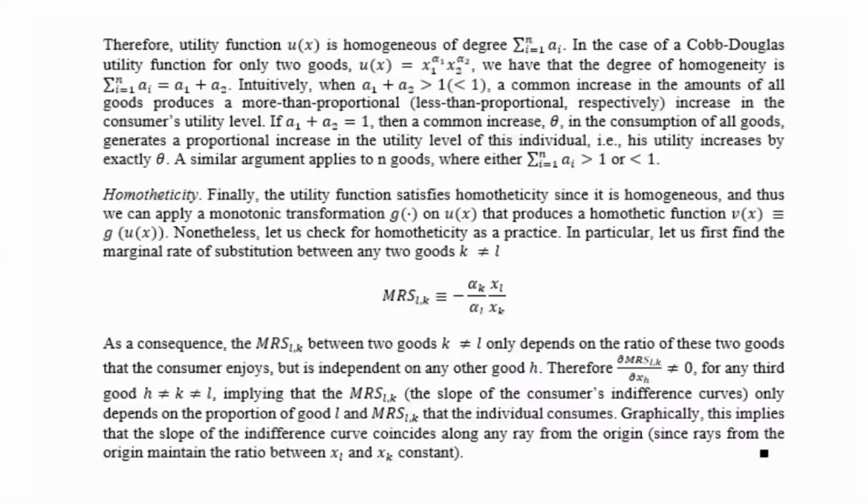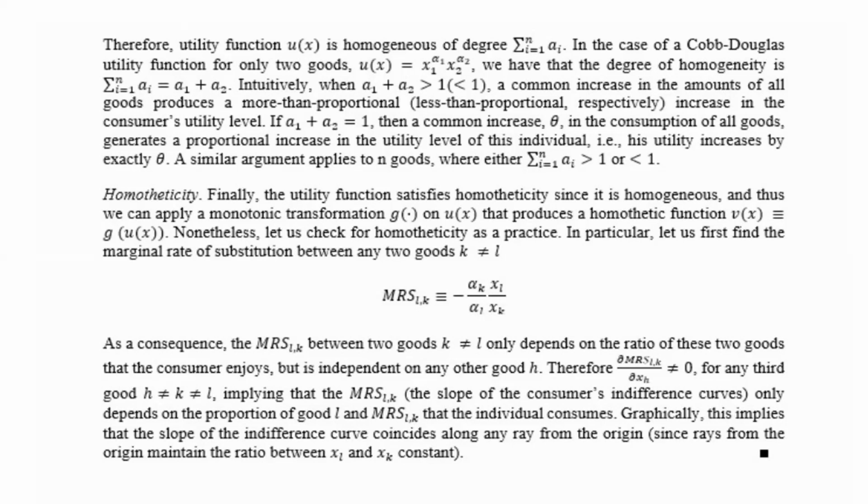Monotonic transformation means, here we have shown the main utility function. The main utility function is x1 to the power a1 times x2 to the power a2, or when we take n goods, that is capital pi of xi to the power ai.